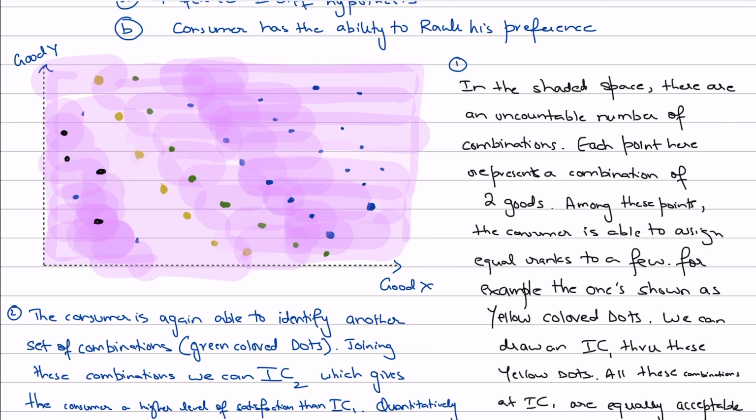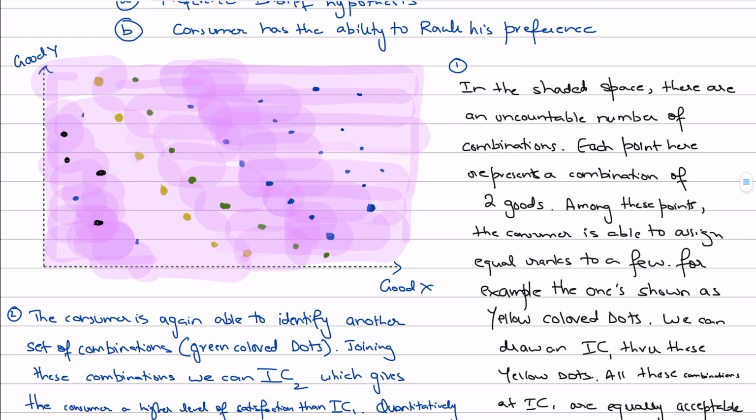And among these points, this whole indifference map that you see here, the consumer is able to assign equal ranks to a few combinations, and at the same time is also able to assign higher ranks to some combinations and lower ranks to some combinations.